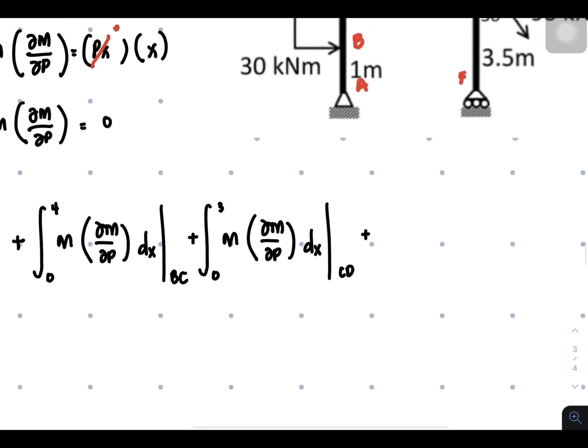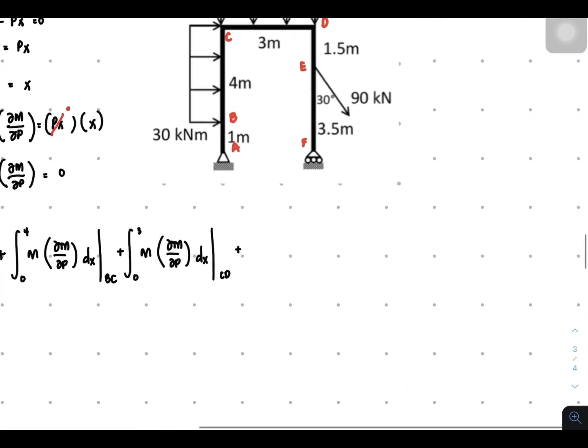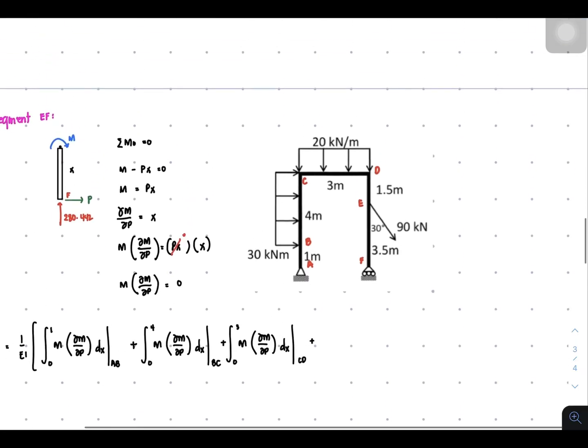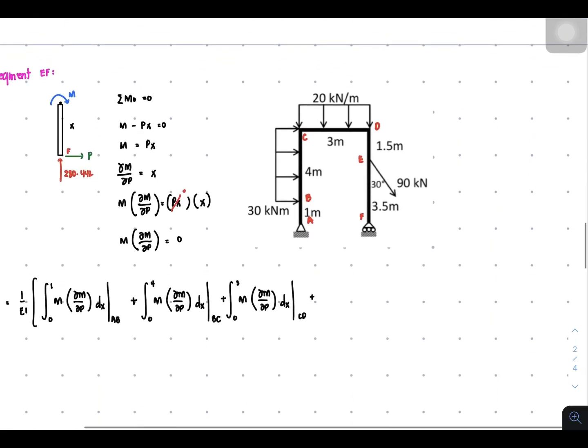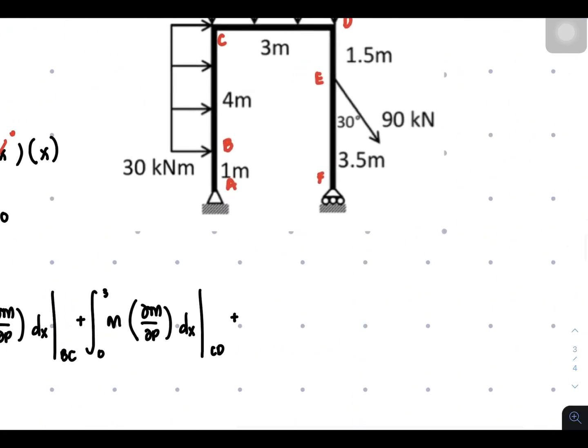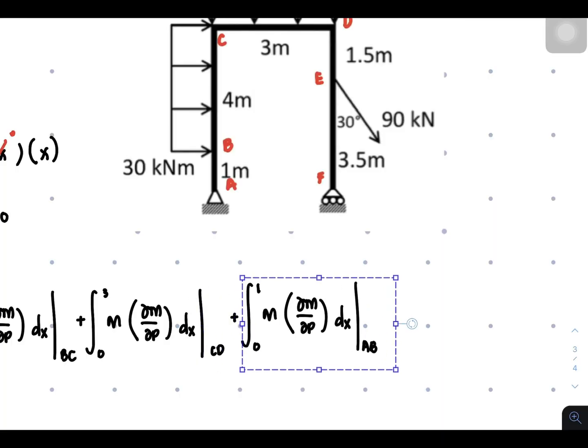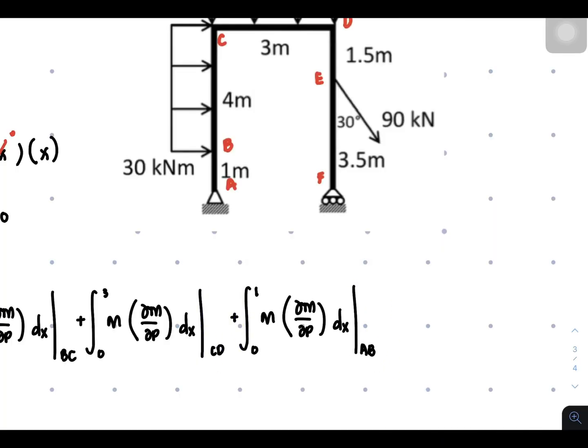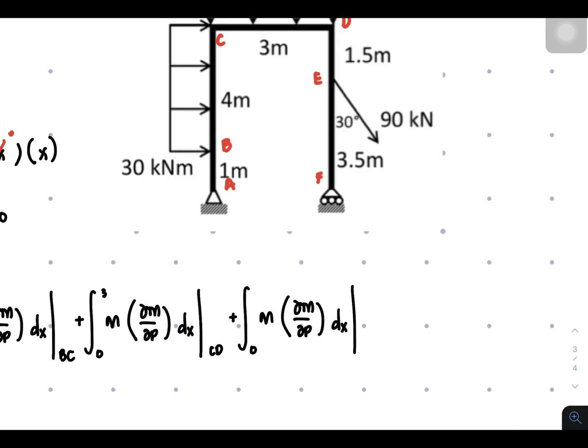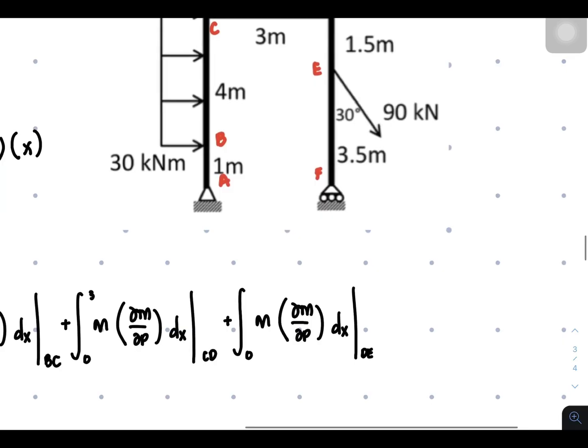Next, from D to E, the limit is from 0 to 1.5.